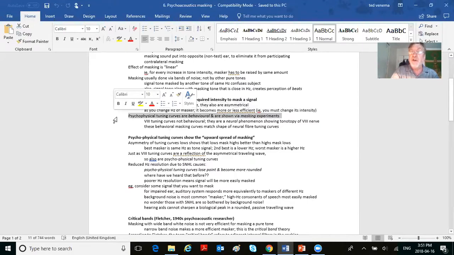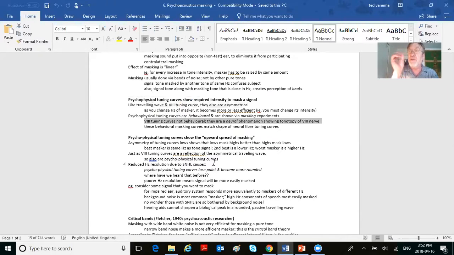Psychophysical tuning curves are behavioral and are shown in masking experiments. So let's just take a look at that. Eighth nerve tuning curves that we've covered are not behavioral. They are a neural phenomenon showing tonotopy of the eighth nerve. In other words, that specific frequencies are located in specific places.